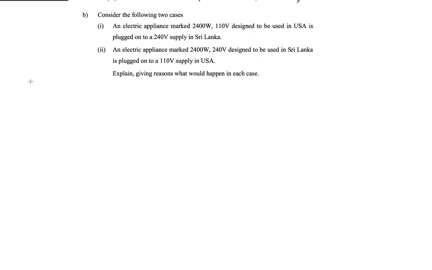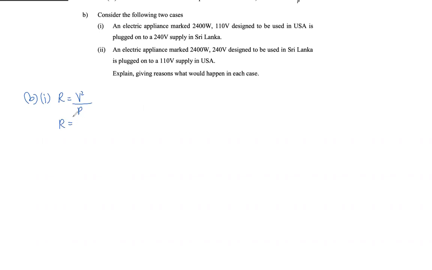So under B1, let's see what's going to happen. They have given the power and the volt, so we can use that equation. They had asked us to derive an equation: R is equal to V squared over power.